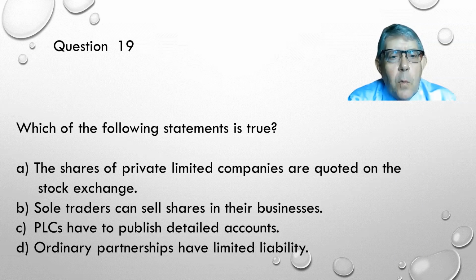Question 19. Which of the following statements is true? A, the shares of private limited companies are quoted on the stock exchange. B, sole traders can sell shares in their businesses. C, PLCs have to publish detailed accounts. Or D, ordinary partnerships have limited liability?